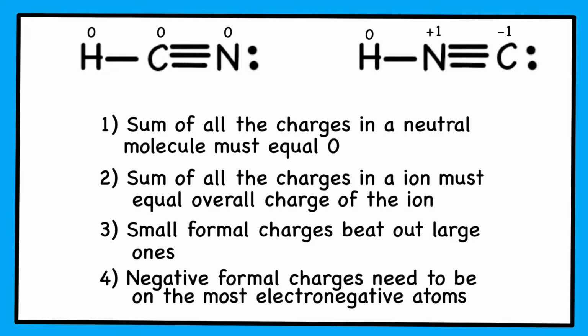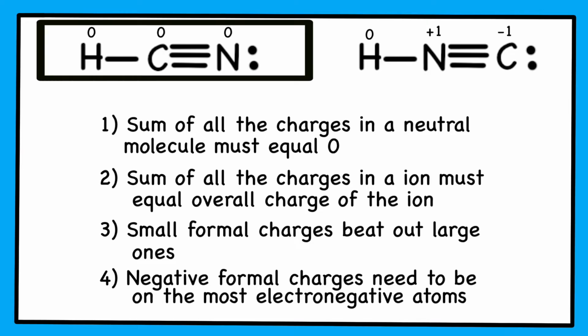We see that the smaller charges win out, so our carbon-centered structure has a formal charge of 0 on each atom. That's going to win over our nitrogen-centered molecule, which had a +1 charge and a -1 charge left over to cancel out. That means our carbon-centered molecule is our most stable and abundantly found.